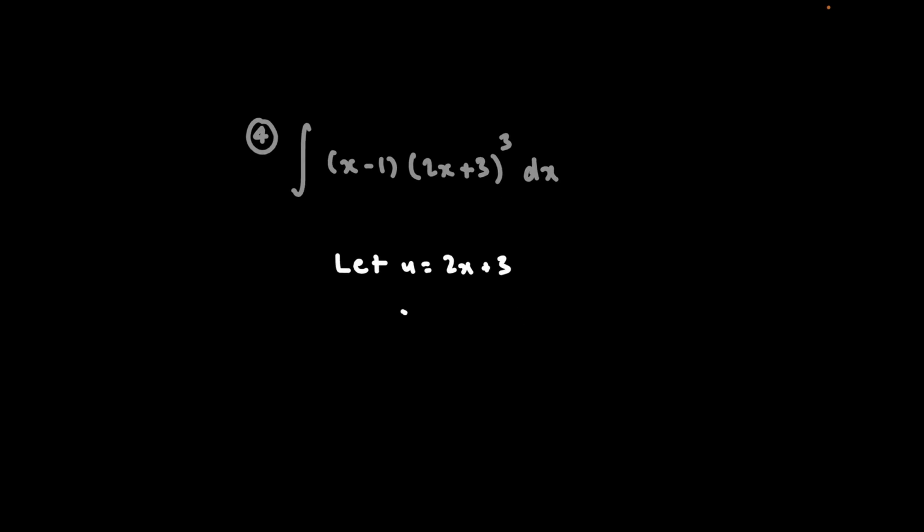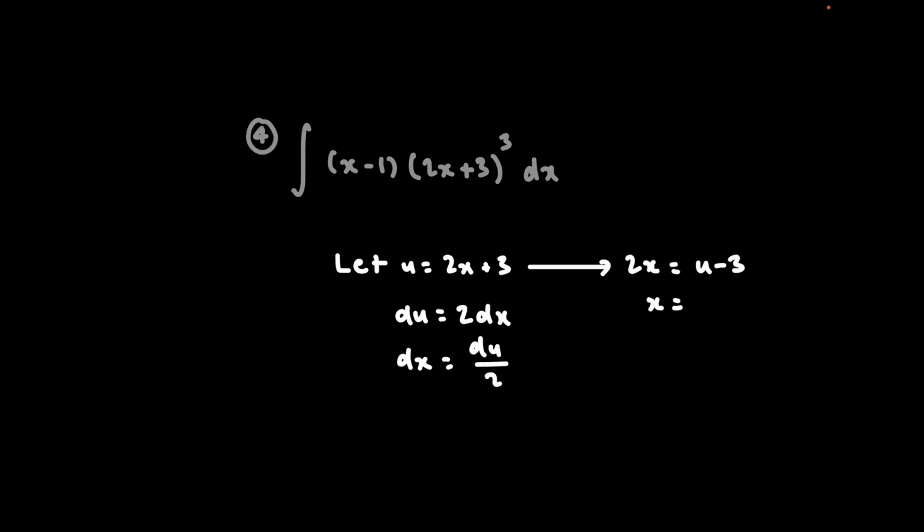And now we can say that du is equal to 2 dx. That means that dx is equal to du divided by 2. And in this question, we do need to rearrange for x, because we can see there's no way of eliminating that x any other way. So I'm going to rearrange and say, I'll go slowly, that 2x is equal to u minus 3.